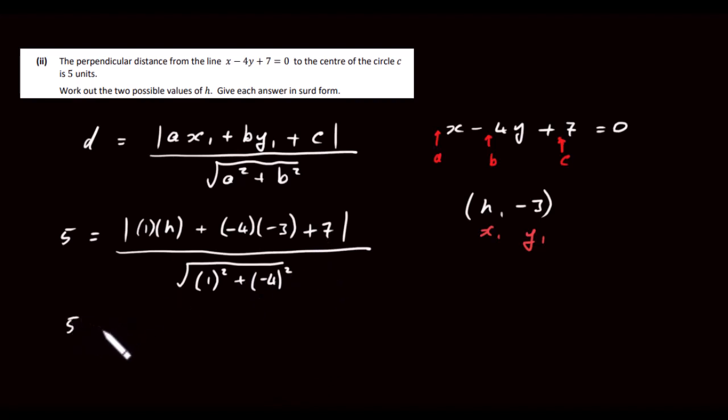So let's see, we have 5 is equal to the modulus of h. Now we have a minus times minus here, which is plus. So that's going to be plus 12 plus 7, divided by the square root of 1 squared, which is 1, minus 4 squared, which is 16, so it's the square root of 17 here.